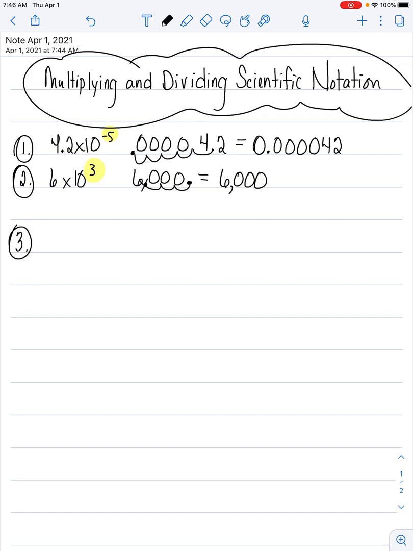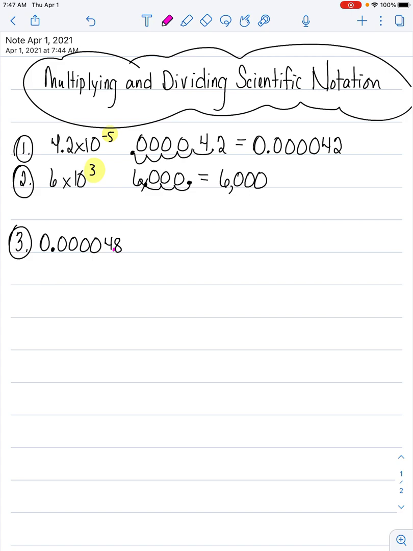Now let's go the other way. Let's say I give you this number right here, let's write 4 zeros. 1, 2, 3, 4, 48. And I want you to write that in scientific notation. So first, we find our decimal. Then we mark where we want our decimal to go.